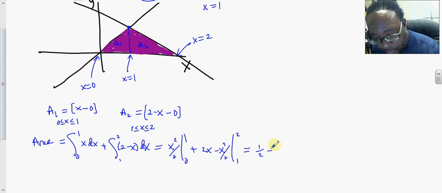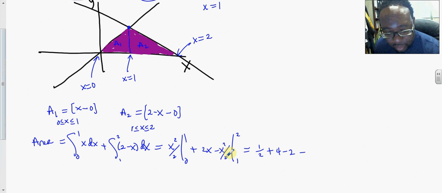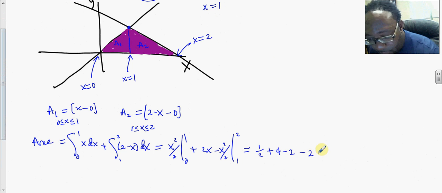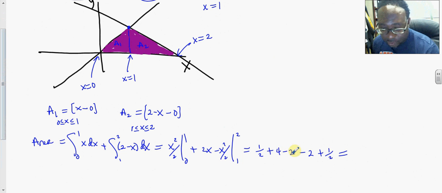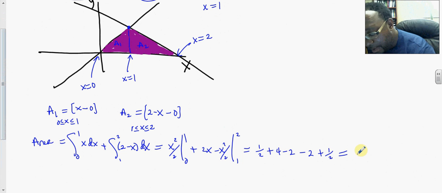Then for the second one, we have plus, evaluate these two at 2. So that's 4 minus 4 divided by 2 is 2. And then minus, evaluate these terms at 1. This is minus 2 plus 1/2. So the 4 minus 4 goes out. We have 1/2 plus 1/2. So the area is equal to 1.